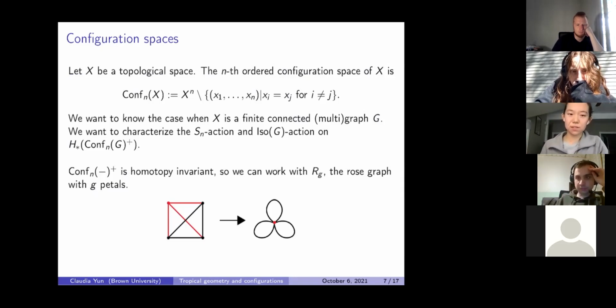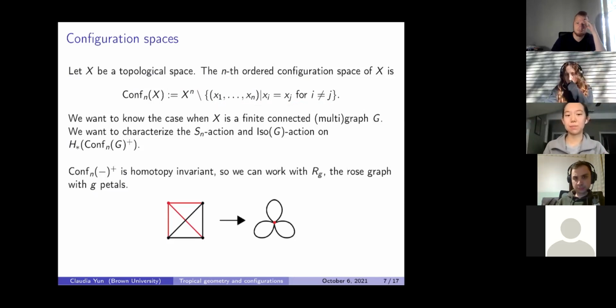I've been talking about configuration spaces, and here comes the definition. If X is a topological space, then the nth ordered configuration space of X is X^n minus the fat diagonal. The fat diagonal means, look at the n-tuple of points. Whenever you have two points coincide, then you throw that point out.